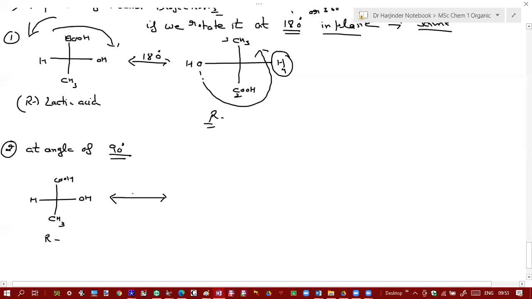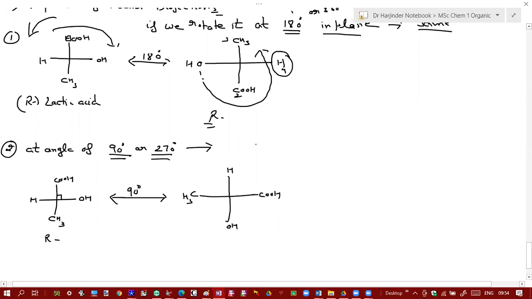When you rotate it at 90 degrees or 270 degrees, what will be the resultant configuration? What should we write over here? H will come above, because the angle is 90 degrees. Here it should be COOH, here OH, and here CH3. Now tell me whether it is R or S.